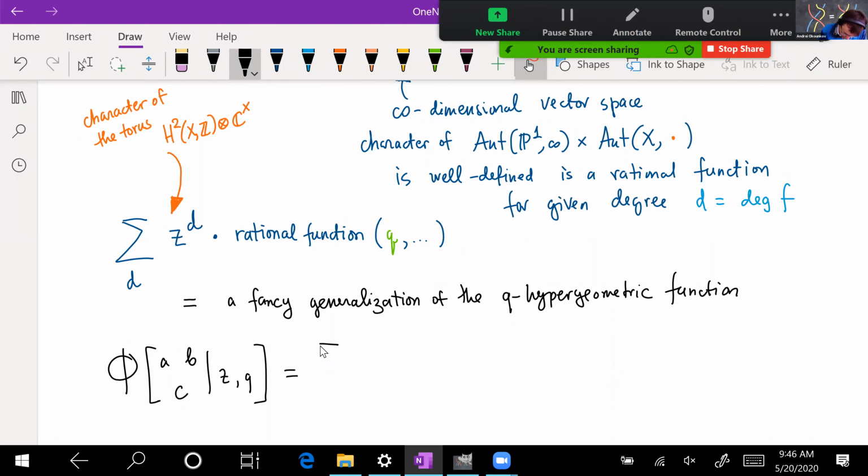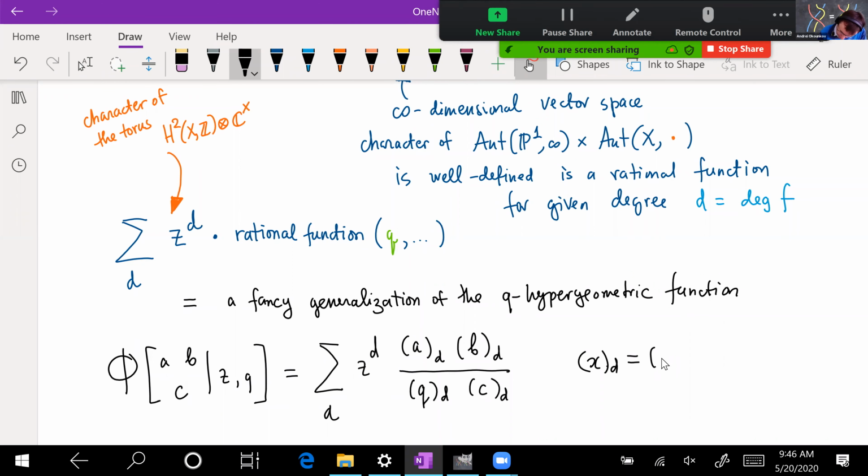This is a summation over D: you take Z to the D, and the coefficient of Z to the D is a product of some kind of Q-factorial expression. You write (A;Q)_D (B;Q)_D over (Q;Q)_D (C;Q)_D, where (X;Q)_D is 1 minus X, 1 minus QX, and so on, up to 1 minus Q to the D minus 1 times X.